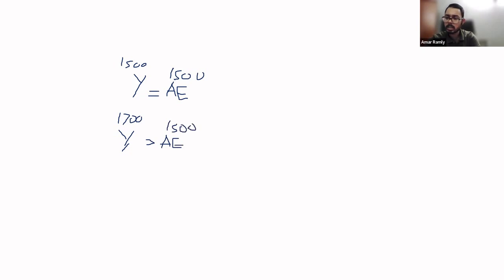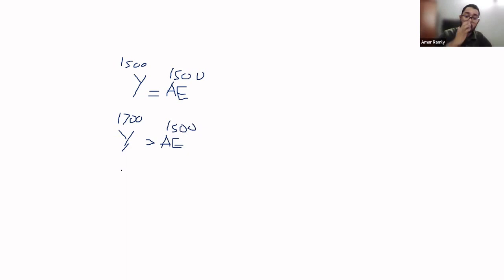Essentially, equilibrium happens where aggregate output equals aggregate expenditure, 1500 and 1500. But now they are saying aggregate output is at about 1700, and aggregate expenditure is at about 1500, and they're asking for involuntary inventory accumulation. What is that all about?